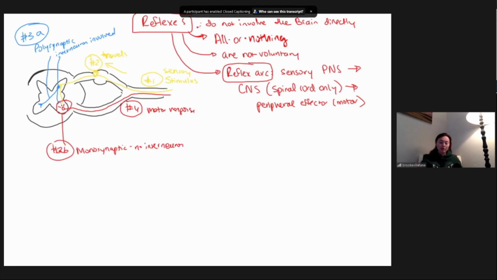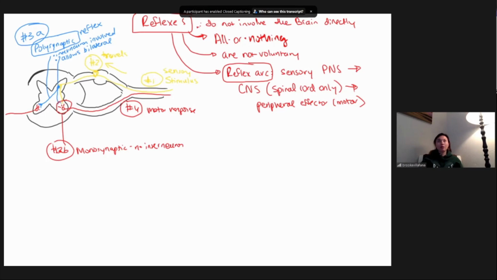So the reflex always comes into the spinal cord. If the reflex is a polysynaptic reflex, it involves the interneuron. One of the things you need to know for the test is that a polysynaptic reflex involves the interneuron. This allows the reflex to be bilateral, so to go to both sides. For example, it can synapse over here to tell the right side of the body to respond, as well as the left side.